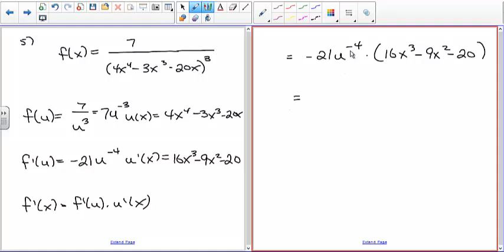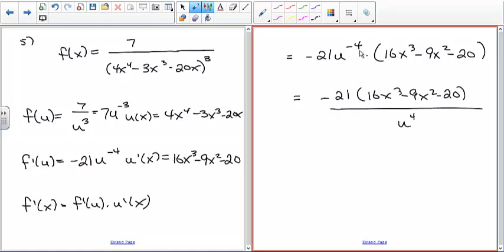I'm going to move this to the denominator before I substitute it back in. So that becomes u to the positive 4 in the denominator. Now I can go ahead and substitute in u.